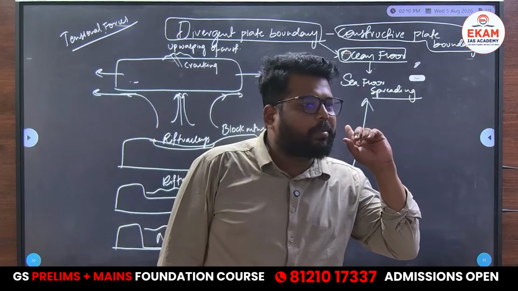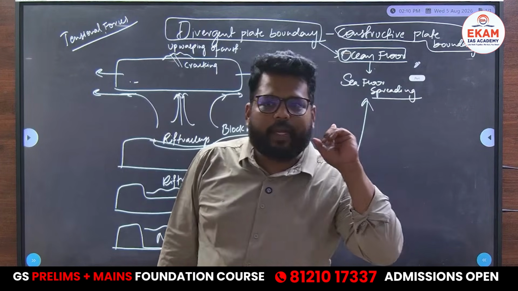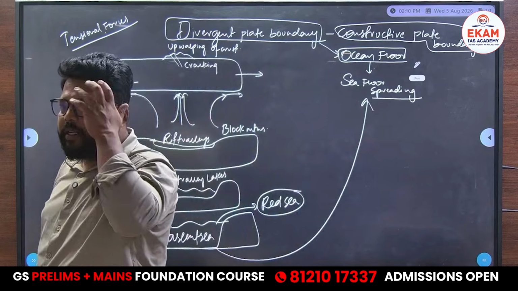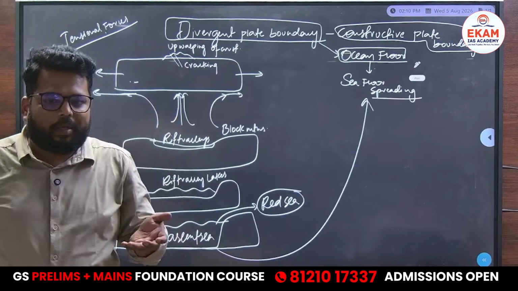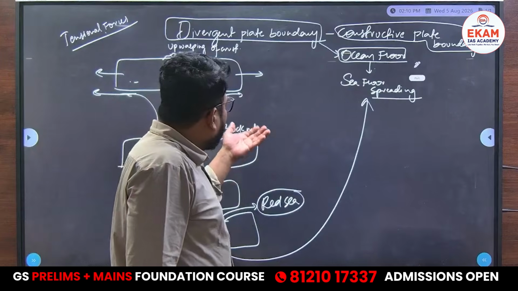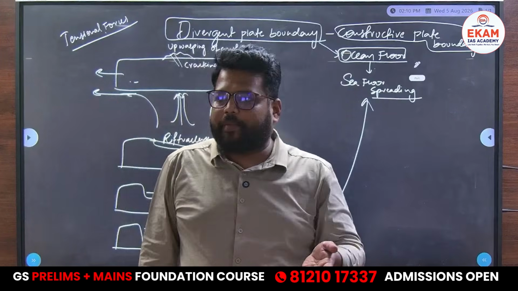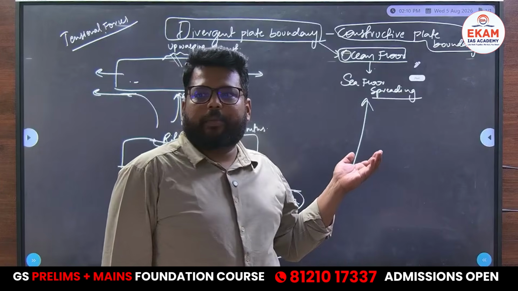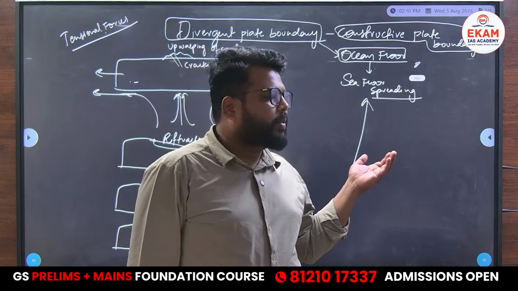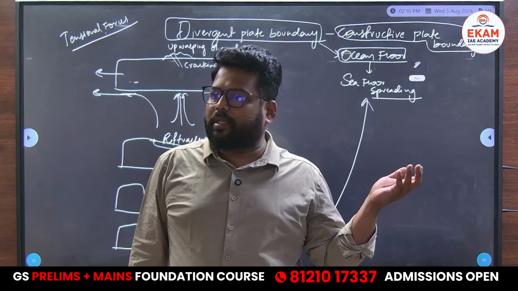But here what is happening? Here we are having rift valley formations, and finally it is leading to some new construction of the crust. When new crust is constructed, obviously we would be having the seafloor spreading process, which is possible. Everyone got this point? Clear?